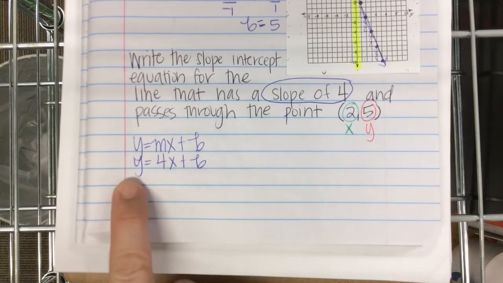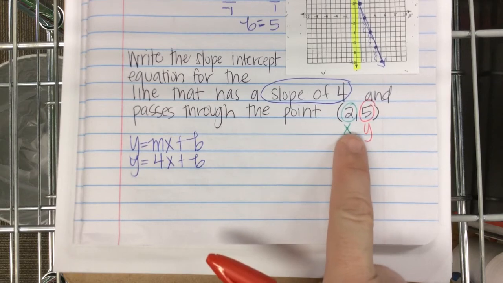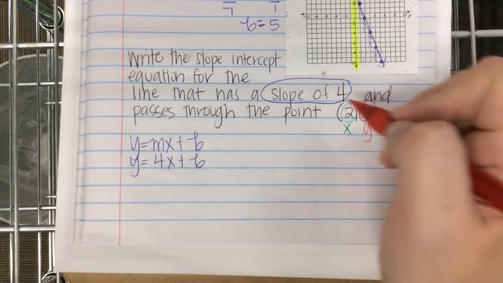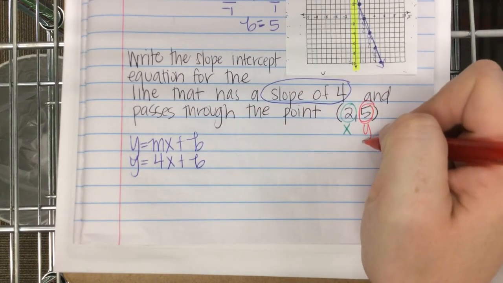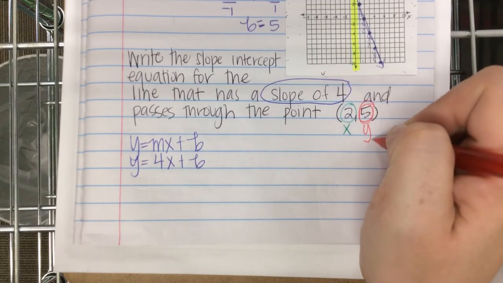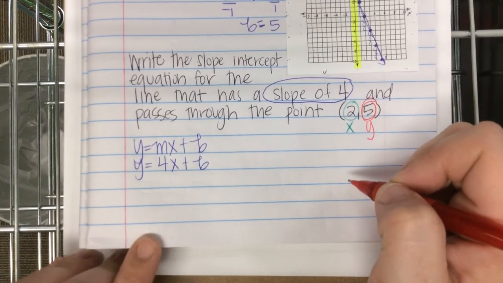Looking at this equation, I did my slope, which was 4. But where could I put the 2 and where could I put the 5? I wonder where I could put the 5, which is your y value. Where could you substitute 5 in for y? Not b. B is your intercept.